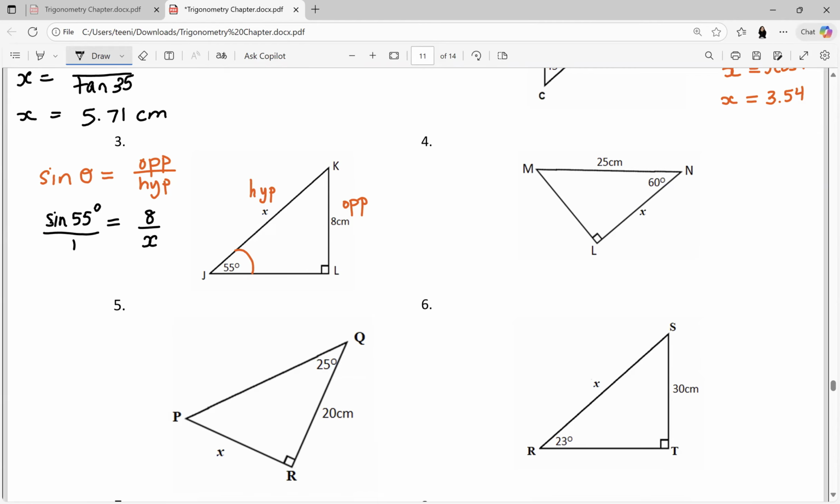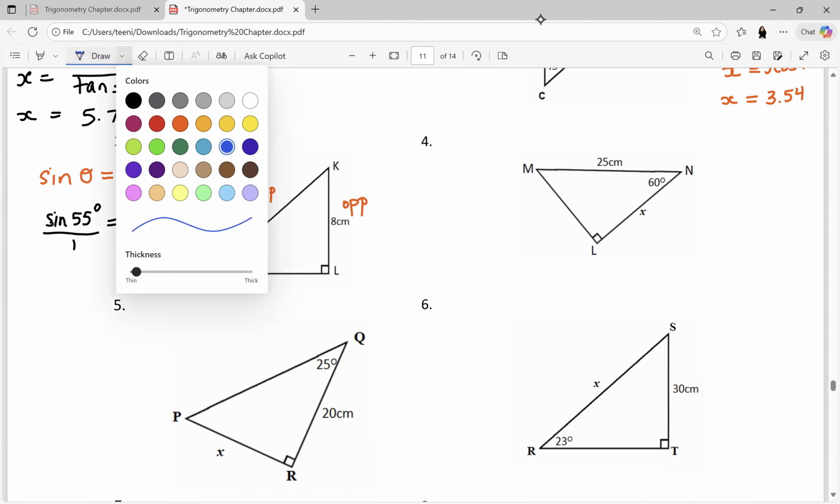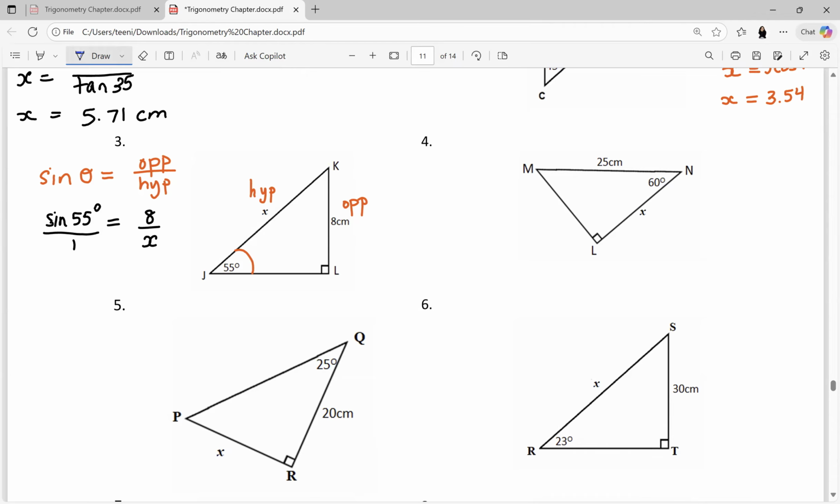However, the actual steps in doing it is you'll say x times the sine of 55 is equal to 8 times 1, which is 8. So to make x the subject here, since this is x multiplied by sine of 55, x will be equal to 8 divided by sine of 55.